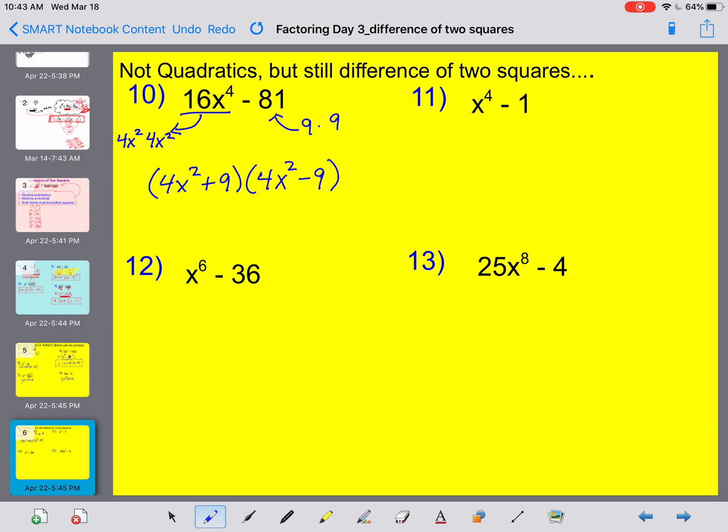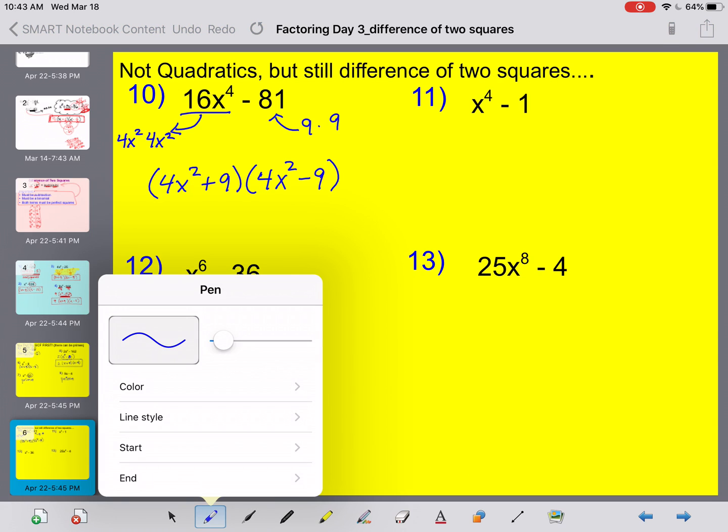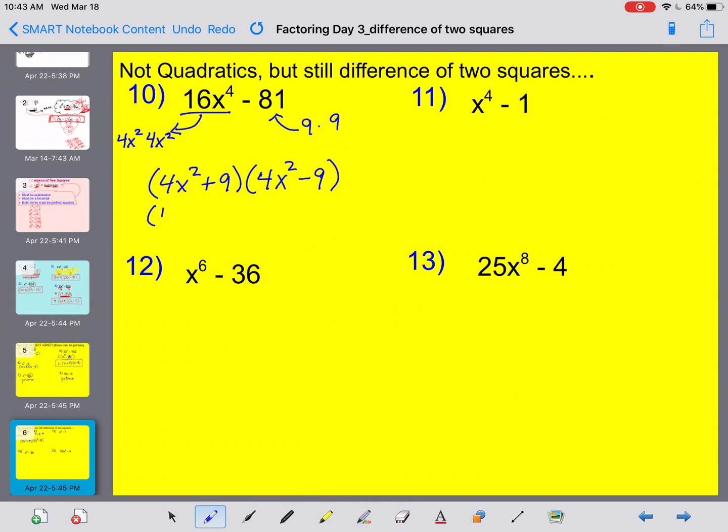Now here's the tricky part as well. This can go further. We can do a difference of two squares again because it's a binomial, it's subtraction, and everything in it is a perfect square. I'm going to bring this one down.